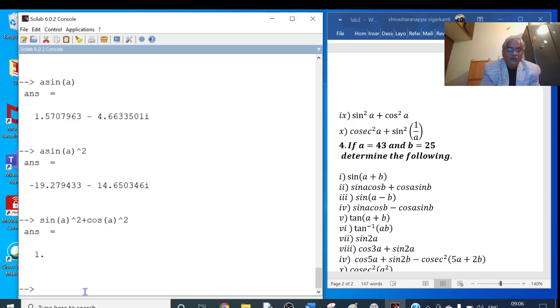The command for cosecant in Scilab is CSC, all small letters. All functions are written in small letters.